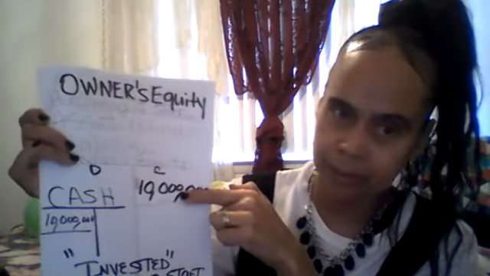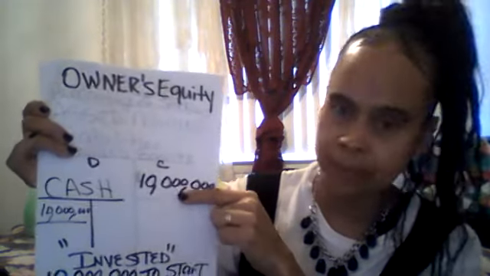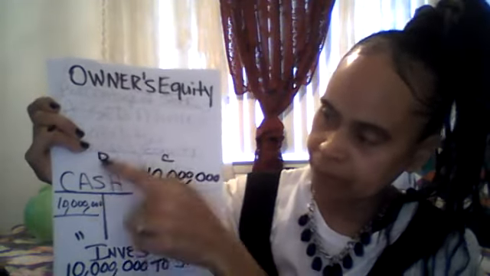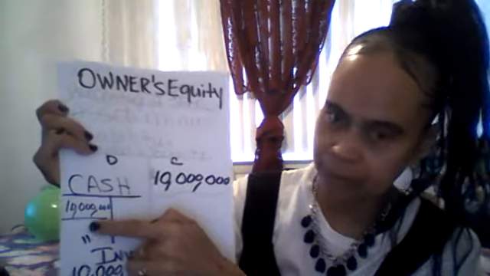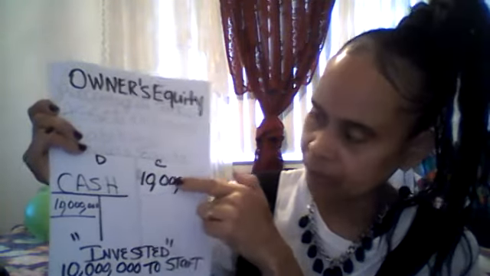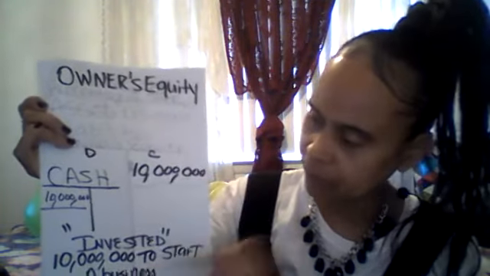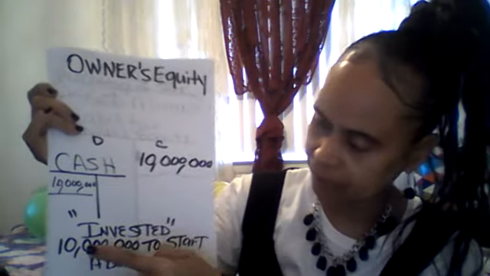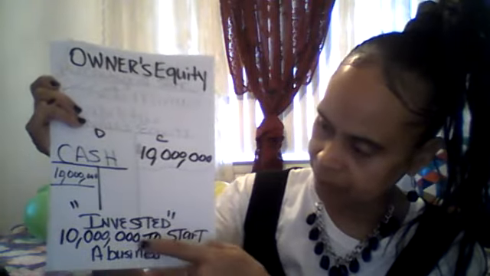So the owner invests 10 million in the cash account. So what we have here, we have a debit to cash, 10 million, and then we have a credit, owner's equity for 10 million. See, the owner invested 10 million to start a business. So that's just one.